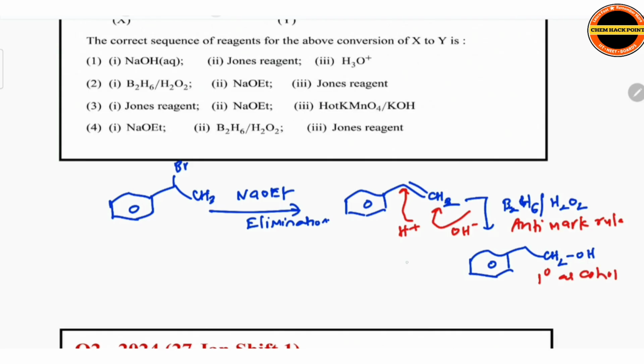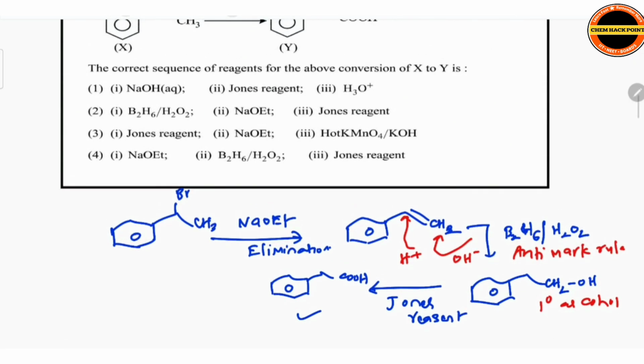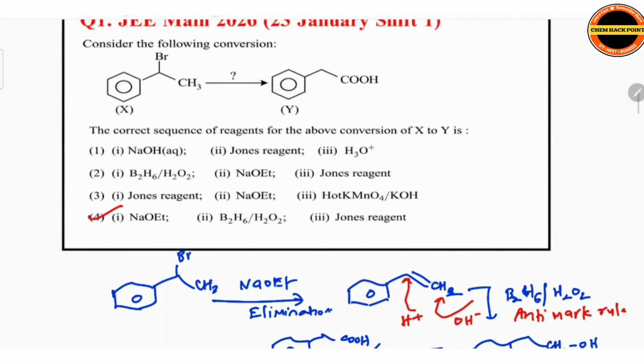Whenever a primary alcohol is used in the presence of Jones reagent, you will get the respective carboxylic acid. So that is the exact sequence we need to follow. You have to remember the sequence of reactions and the role of the reagents to solve this question. So that should be the correct answer according to the given options. That is our final product Y.